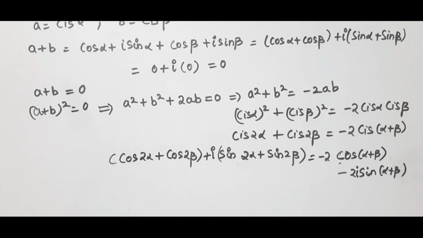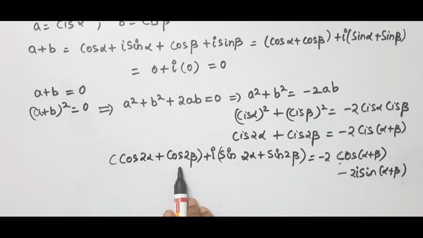Now we need the cos 2 alpha plus cos 2 beta value only. So it is the real part of this complex number, is it not? Now compare the real parts of these complex numbers on both sides. Just compare the real part or imaginary part, whichever they asked to find.